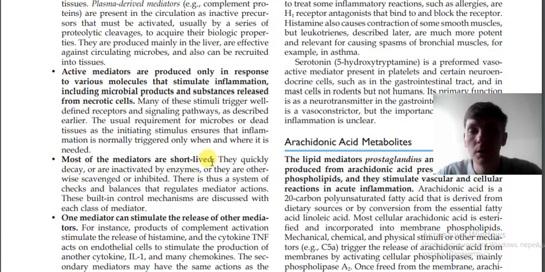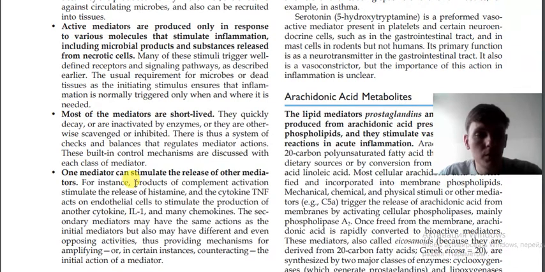For example, for histamine we have a specific enzyme against it, histaminase. After the activity of histamine has happened, it is destroyed by histaminase, which is present in neutrophils and eosinophils. These built-in control mechanisms are discussed with each class of mediator.